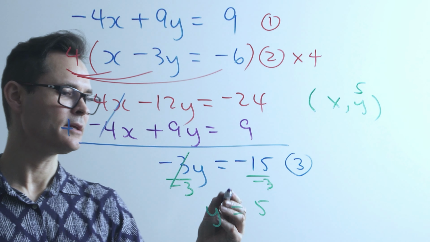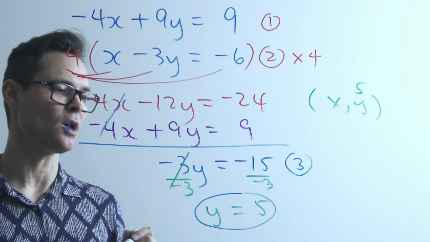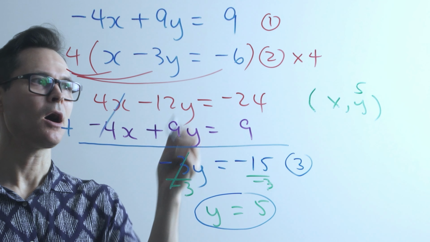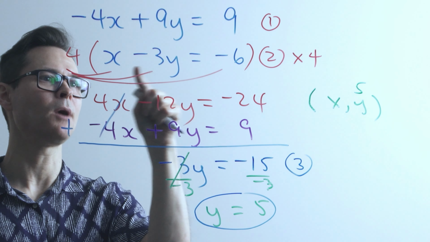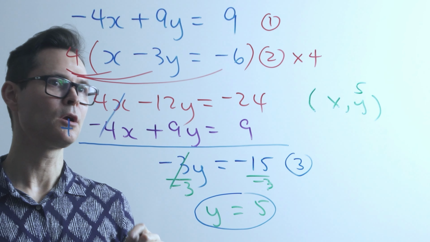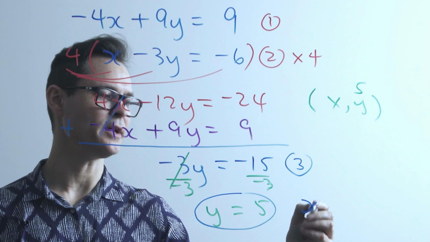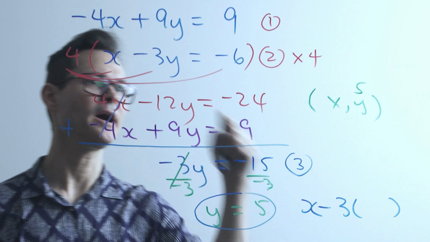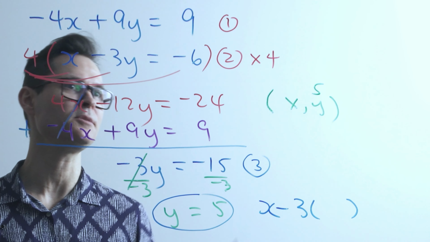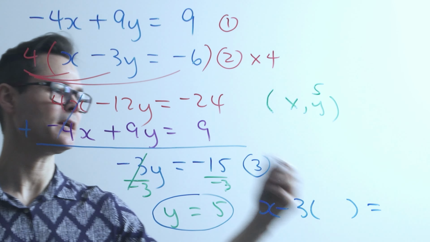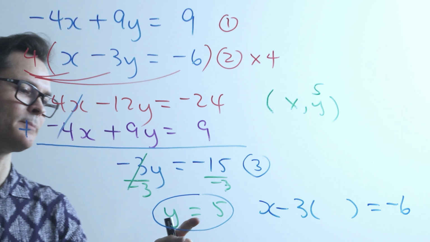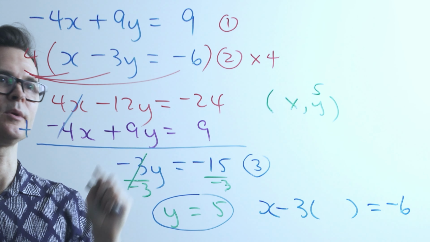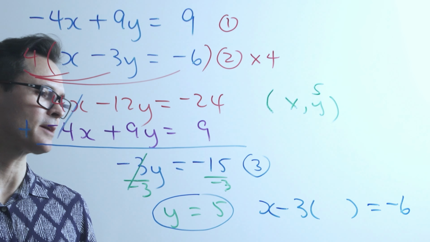Well, you know, take the y value that you just solved for and plug it back into either one of the original equations. I'm going to choose the second one because it looks smaller before I multiplied by 4. So I'm going to take the equation. I'm going to write it down. So x minus 3 times y. Well, y was found out to be 5. Equals negative 6. Do you see what I'm doing? I'm taking the y value and I'm plugging it back into either one of the originals and then solving for the x.